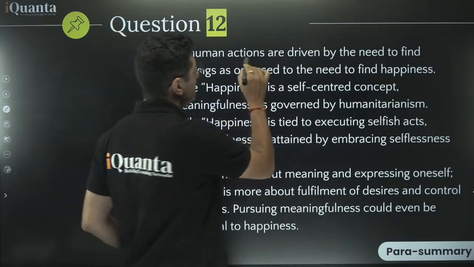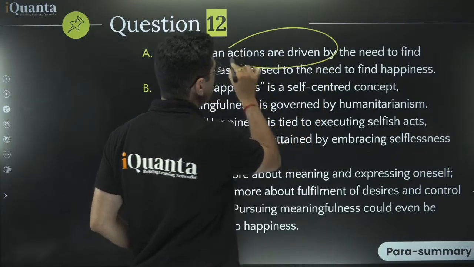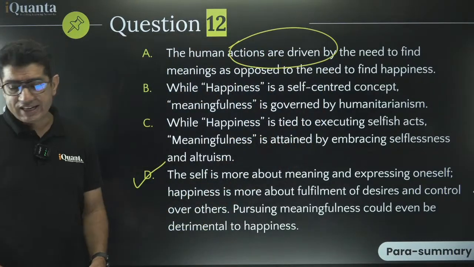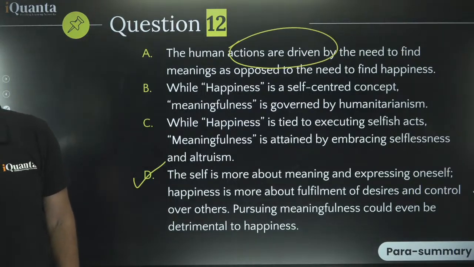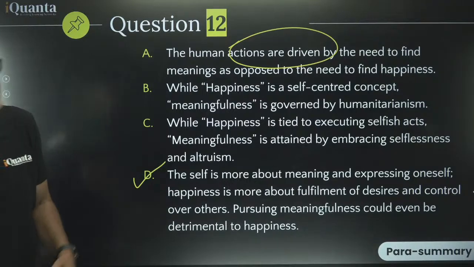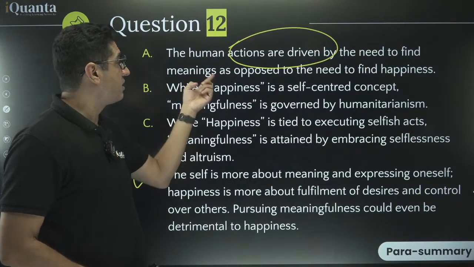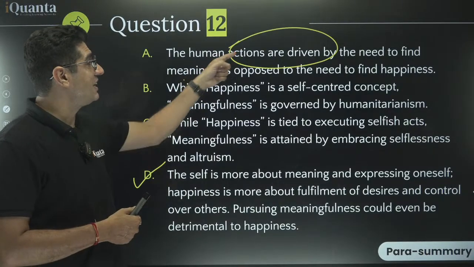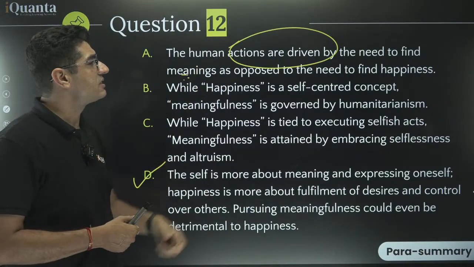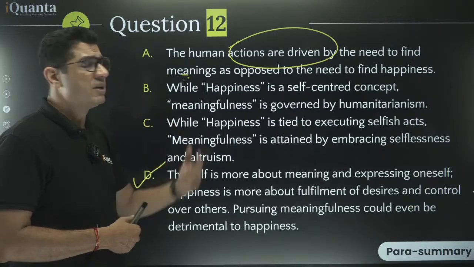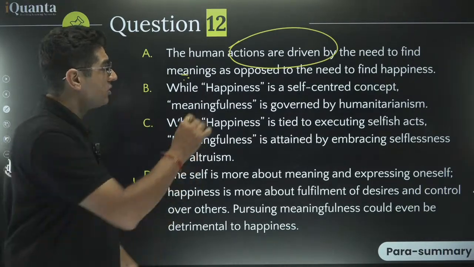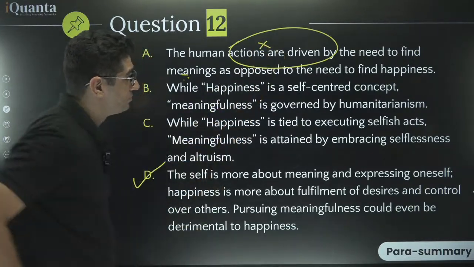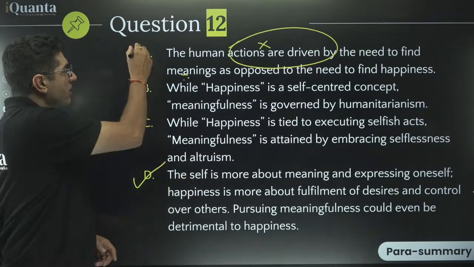Where do we know this? How do we know that our actions are driven by meaningfulness and not happiness? It's factually incorrect. The human actions can be driven by both or either and not necessarily driven by finding meanings. So we're not exclusively referring to this as a driver of the human actions in the paragraph. So there's this distortion here, and that's why A can be ruled out.